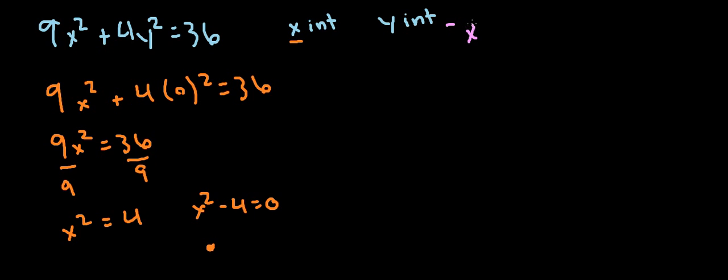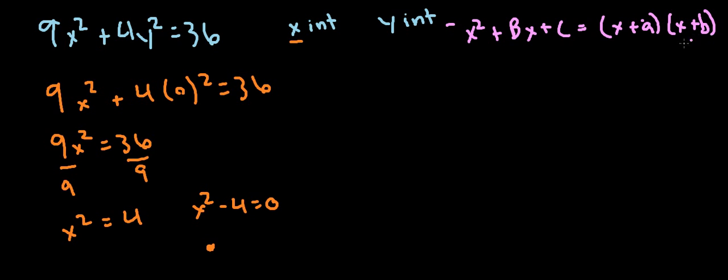So we have x squared plus bx plus c is equal to, and this is the form that's factored in. The way we find a and b is we're looking for two numbers that multiply together to equal c, and that add together to equal b.